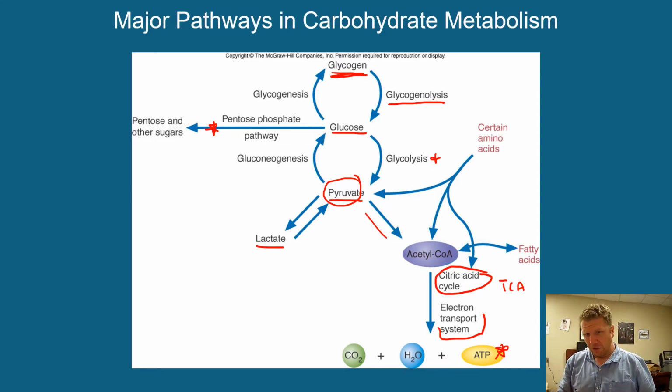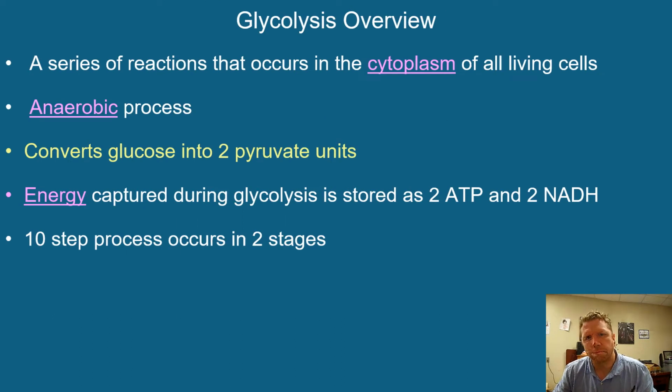In the process, it's also going to be generating CO2 and H2O. So there's your overview, basically a crash course of what we're going to be looking at for a little while, and the interplay of all of these things. They're all highlighted.